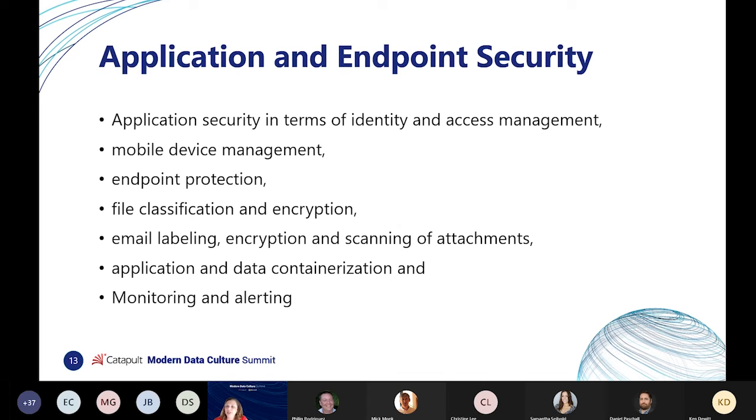So another important aspect with data protection is application and endpoint security. Application security in terms of thinking through identity and access management, not only with users, but of course the services, the applications, the devices, the data, mobile device management, endpoint protection, making sure that we're being ever vigilant because of course the bad actors always look to exploit various parts of the architecture and various junctures where they try and compromise someone or impersonate them to somehow get at some of our identity.